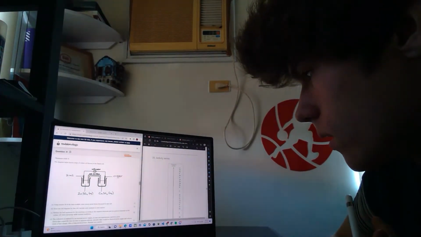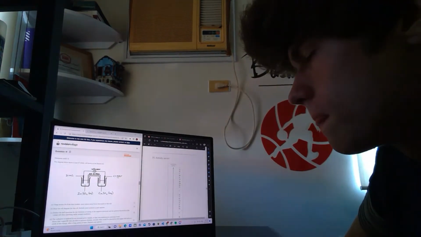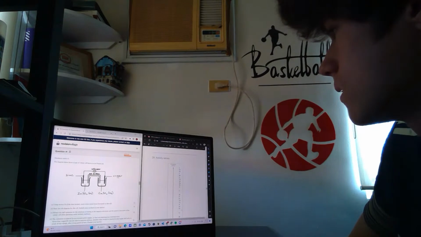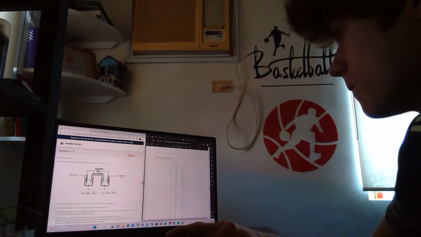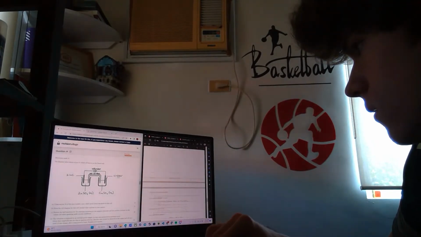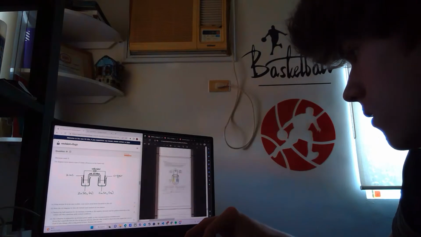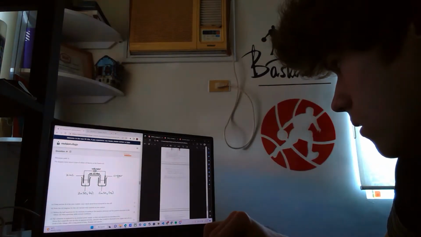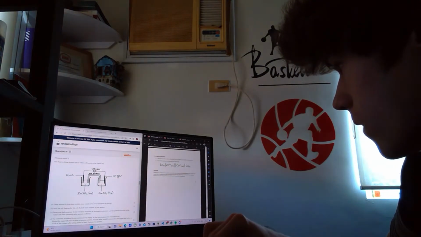State the cell diagram for this cell. What is the cell diagram? Is that the... Yeah, okay, that's what I was thinking it was. One's on the right reduced.